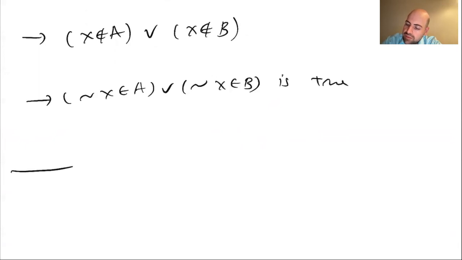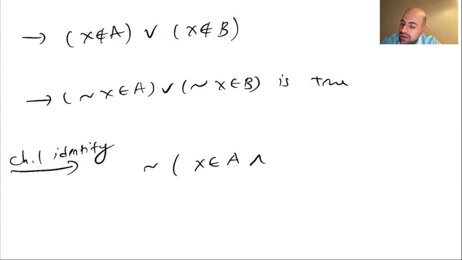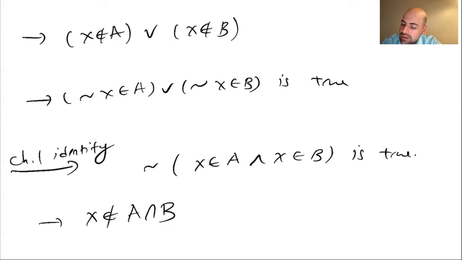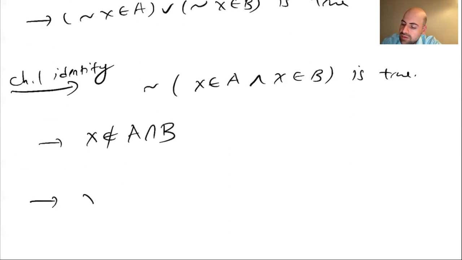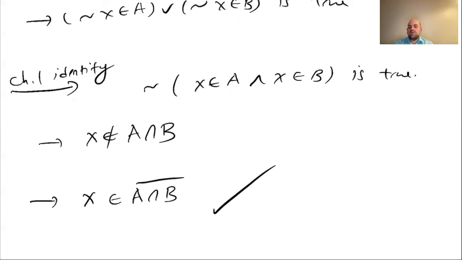And then I again apply the chapter 1 identities, De Morgan's law for logic. That means the negation of "X belongs to A and X belongs to B" is true. That means X does not belong to A intersection B, right? And then that means X belongs to (A intersection B) complement, which is exactly what I wanted to show.